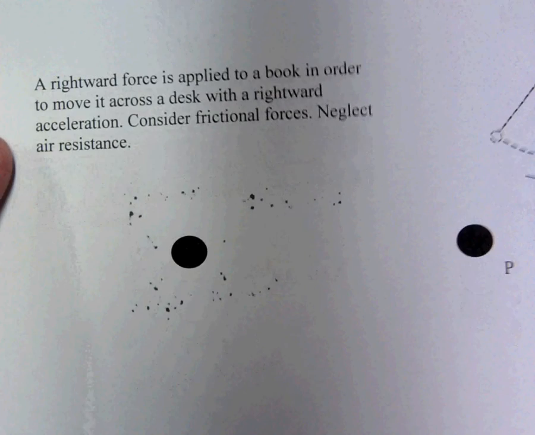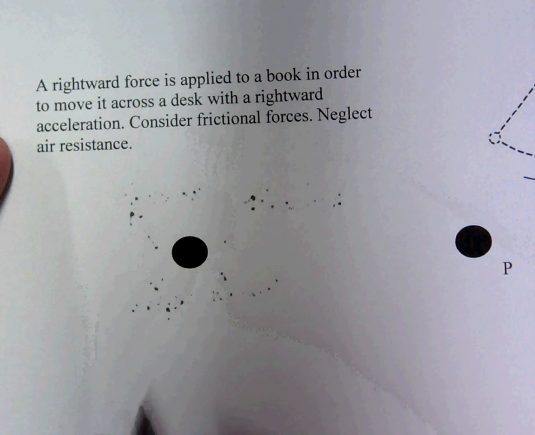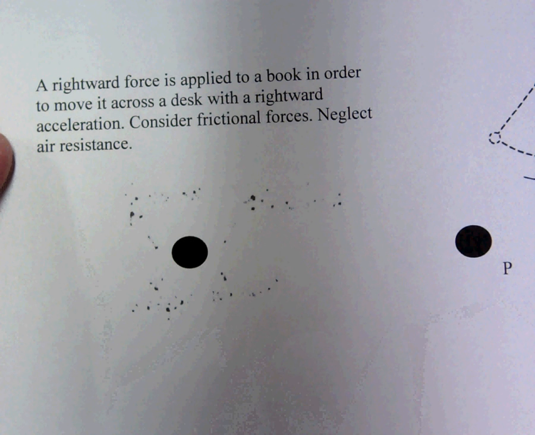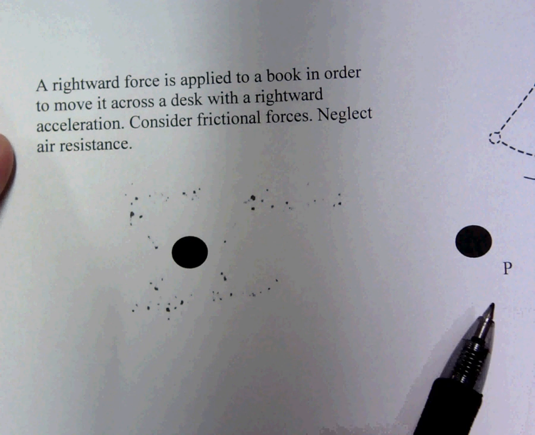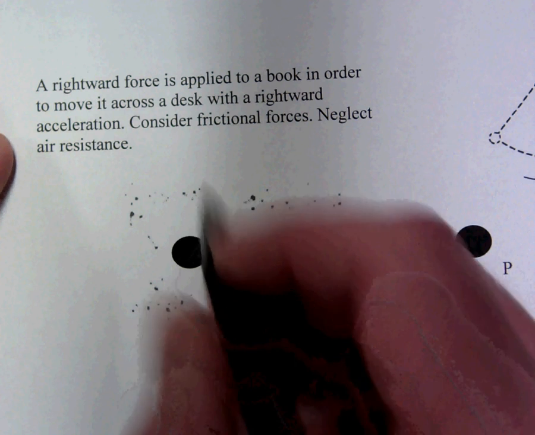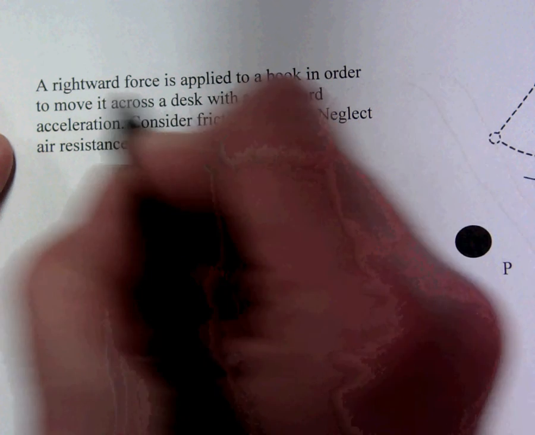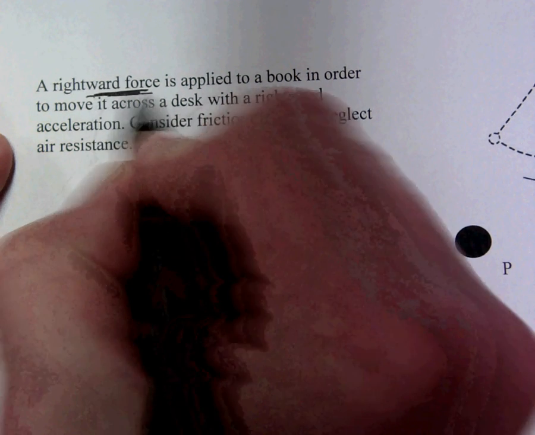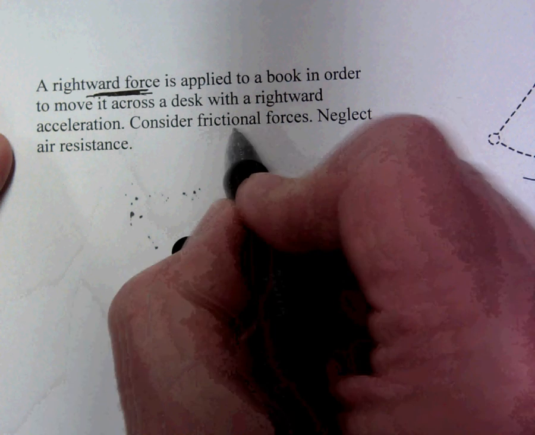Here's one. I've got a book on a desk, and I'm sliding it across to your buddy down the table. You have a rightward force, and we've got friction here.